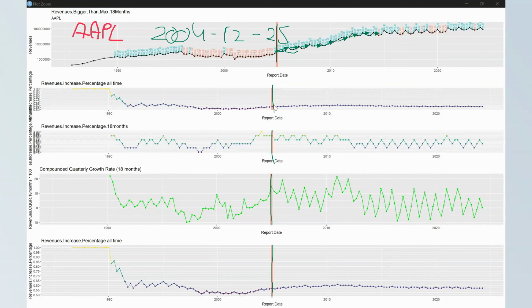Unfortunately it's a little bit zoomed out, but you can see that the metrics started to increase when Apple had its first financials at all times. So this is the all time.